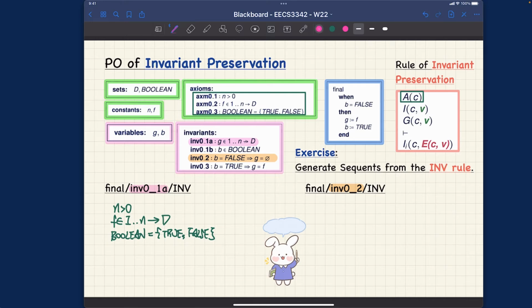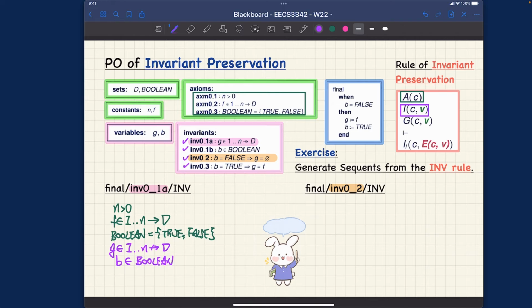And then we need to include the invariants, not the abstract, just the invariants. Just be careful. Just the invariant in the pre-states. We're going to include all the invariant conditions over here. All of them. So, which will be g a member of the partial function between 1 to n, partial function D. And also b is a member of Boolean.